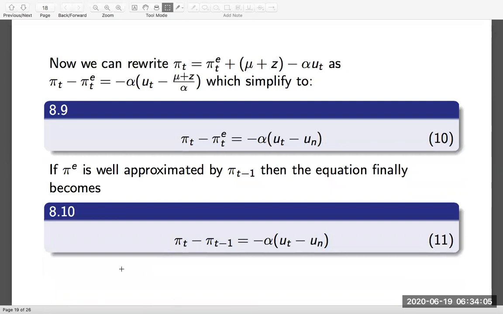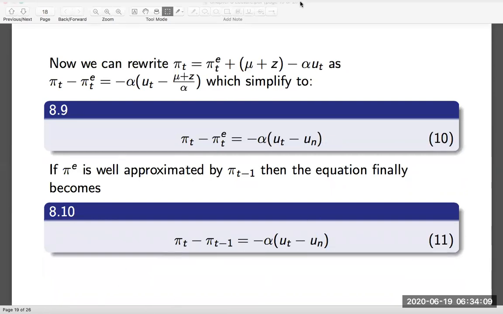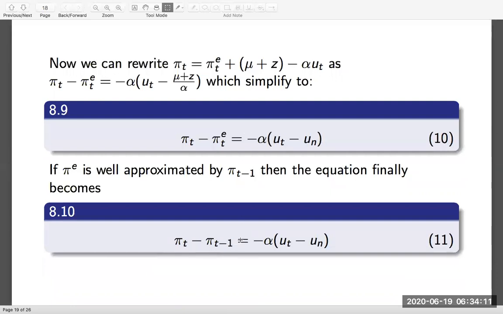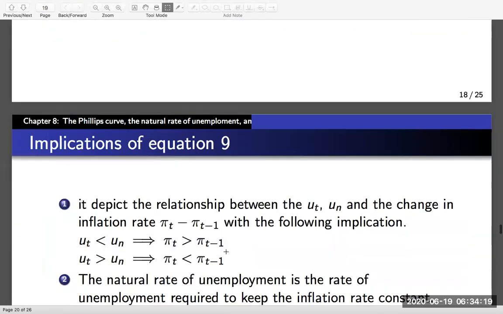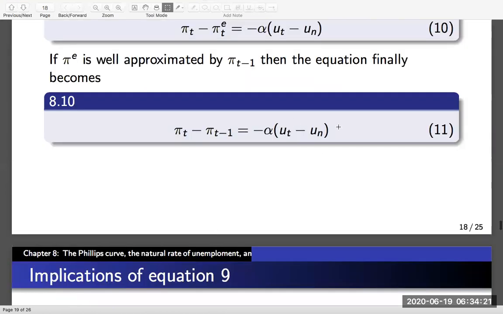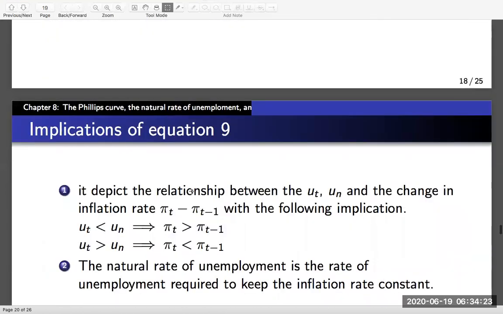So equation 11 is telling me that a change in inflation is given by a deviation in unemployment. The implication of this equation is that it depicts the relationship between unemployment, the natural rate of unemployment, and inflation.